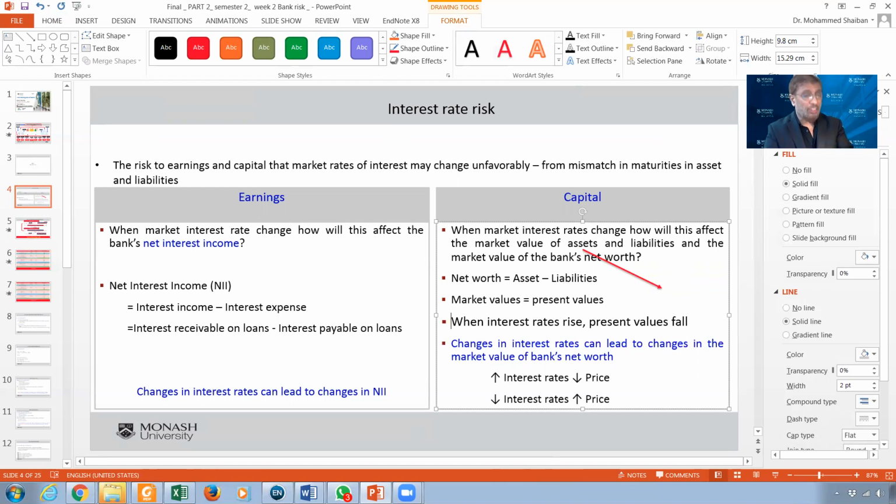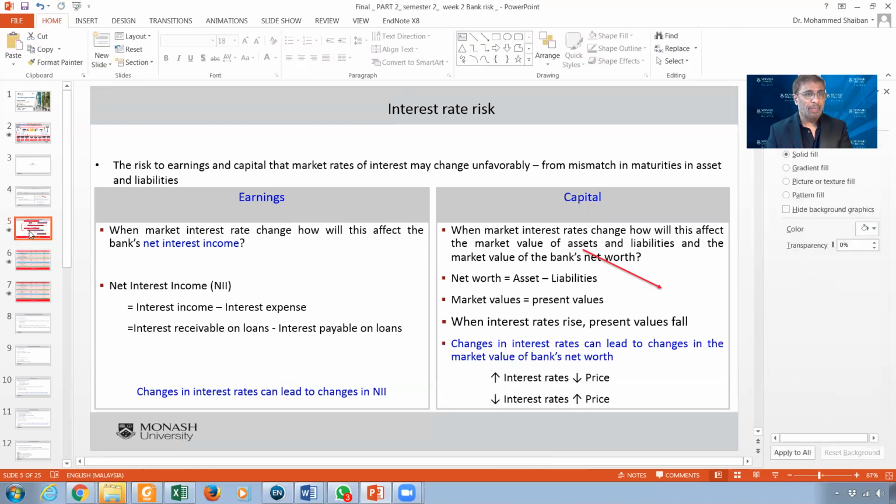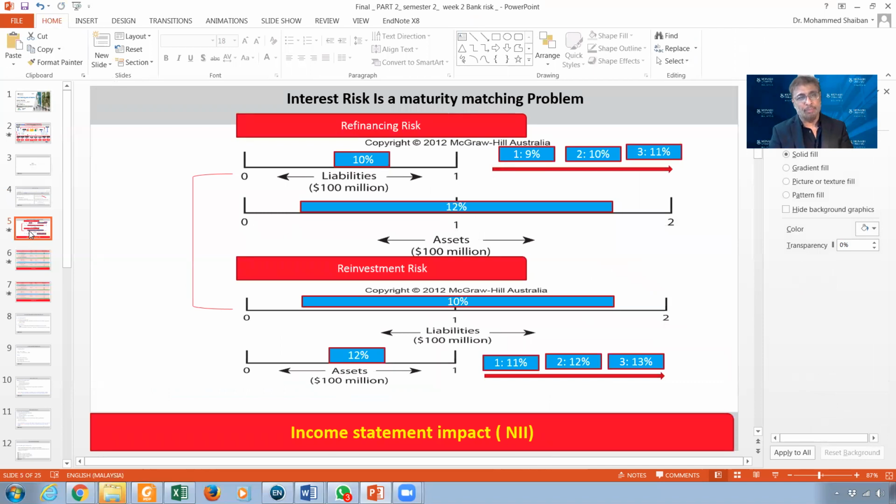But if there is no matching, this will impact my net worth, because the increase in the interest rate will drop the market value of the assets and liabilities together. But if my assets are higher than my liabilities, I will end up losing in my equity. Okay, this is the whole thing. Now, let's go a little bit deeper.